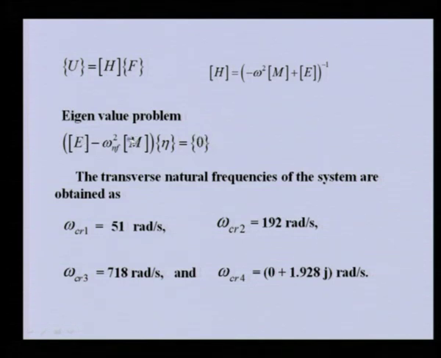So, for the eigenvalue problem, if we take the determinant and solve for omega nf, we will get these as critical speeds. In this particular case, we find one of the critical speeds as not feasible. That means the system is going into the unstable region. So, only 3 feasible critical speeds we are obtaining in this particular case. This is due to the bearing property which we have chosen.